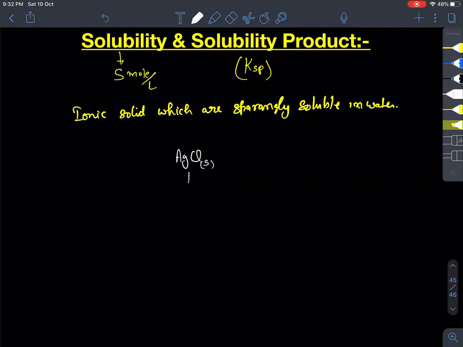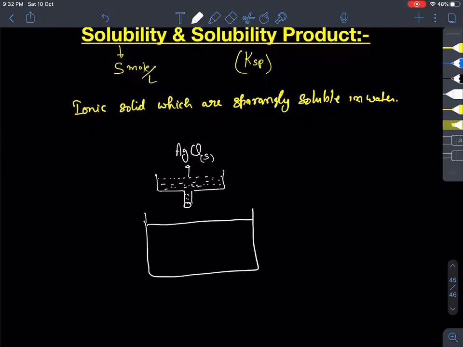So I have taken a powdered form of AgCl, just the powder of AgCl, and I am trying to add it into a liter of water.